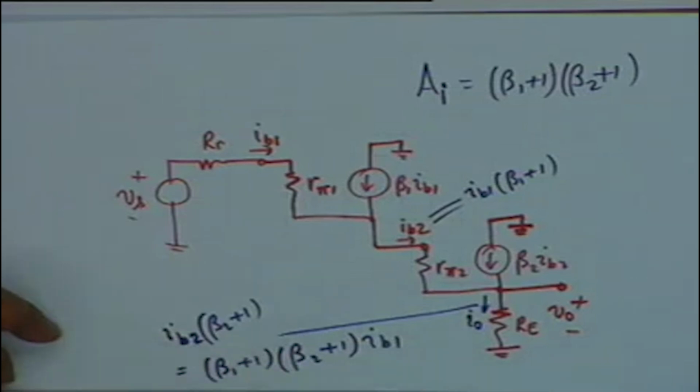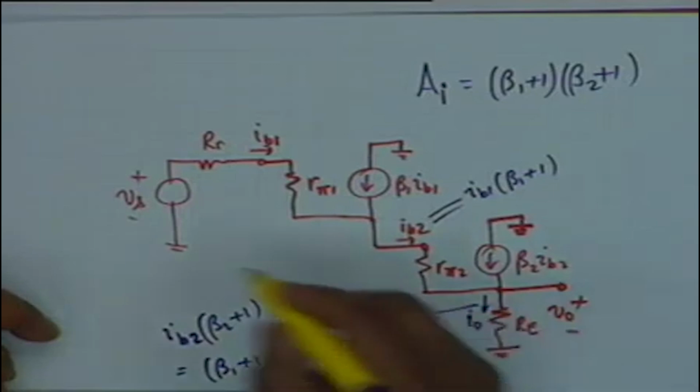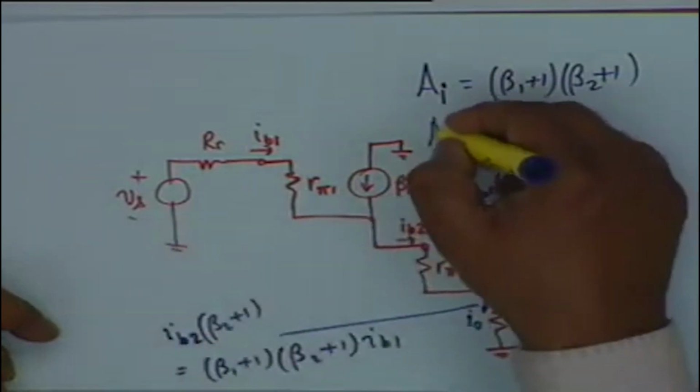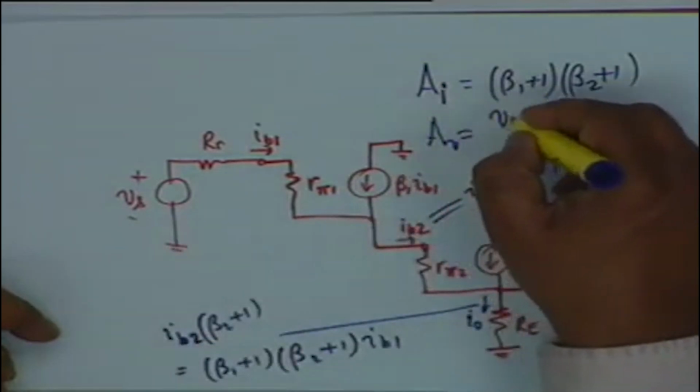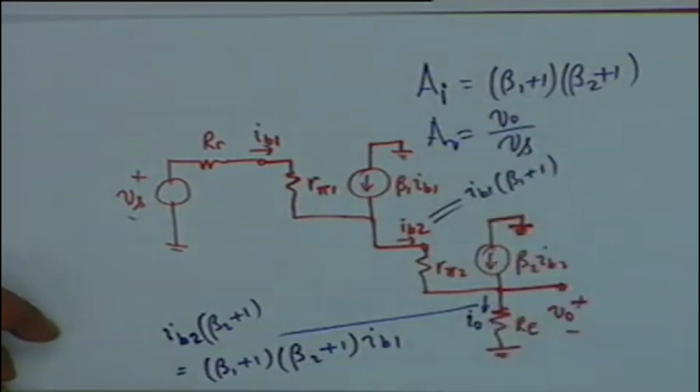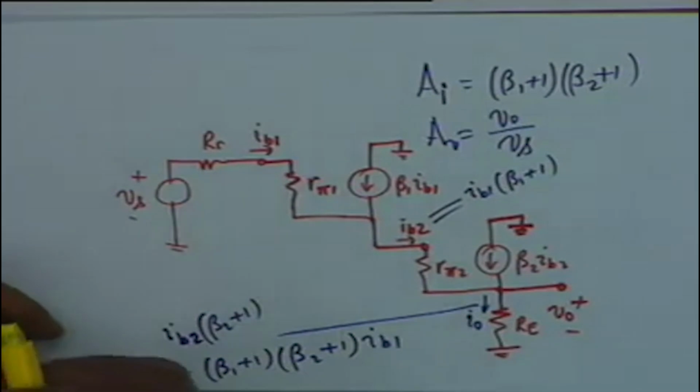If you want to calculate V0 by Vs, that is the voltage gain, AV will be equal to V0 by Vs. What is your guess? What should be the voltage gain? Can the voltage gain be greater than 1? No, it would be slightly less than 1 in fact, all right.